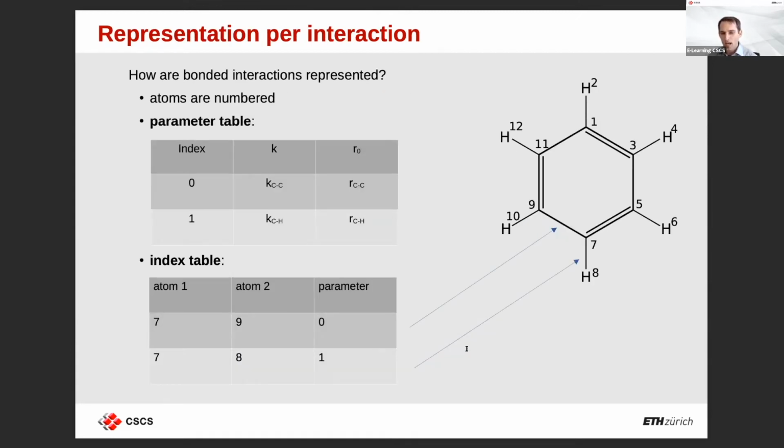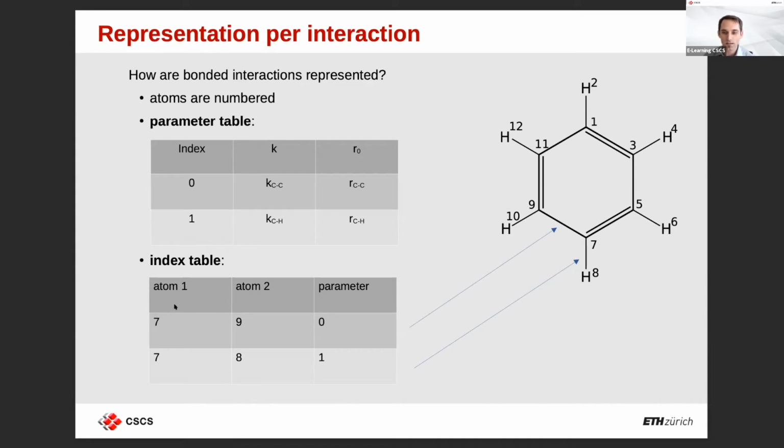How do you really do that in practice? The answer is that you need two tables. You first number your atoms as shown here on the left, and then you need a table for the parameters where you store the spring constants and the equilibrium distances for your unique bonds. Then you need an index table that keeps track of each interaction that you have in your molecule.